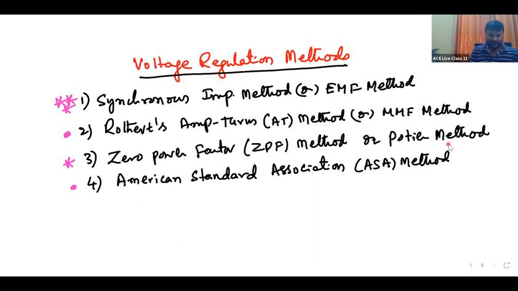But synchronous is not a scientist. Dear student, synchronous impedance method means we are finding synchronous impedance. Let us discuss one by one. First, let me start with the synchronous impedance method. In this class, we will complete the synchronous impedance method.